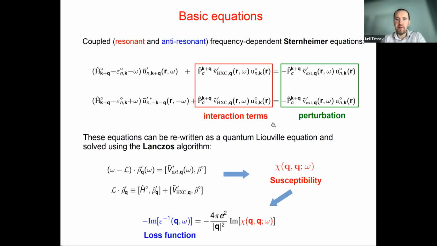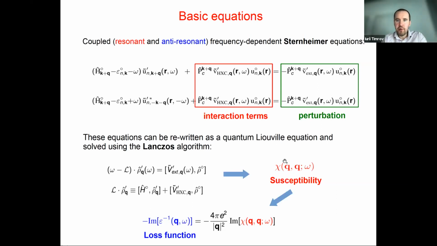So the red term is included, and in green we highlight the perturbation, which in this case is the beam of electrons. So we irradiate the chunk of silicon by a beam of electrons, while Oscar was discussing that you take a molecule and you shine light on your molecule. So it's different things.